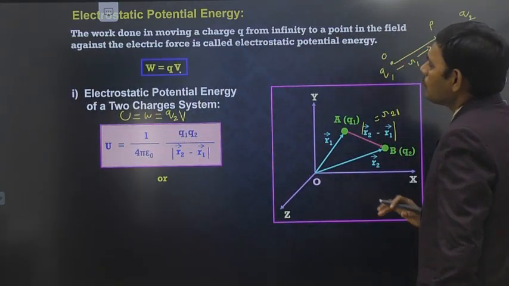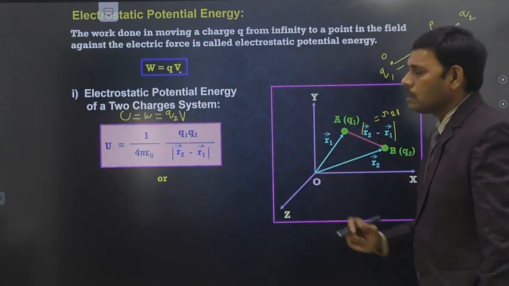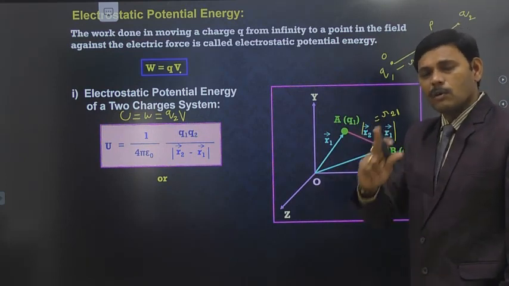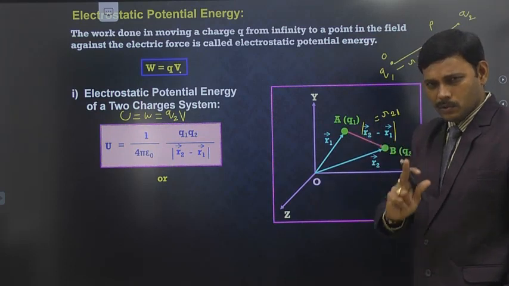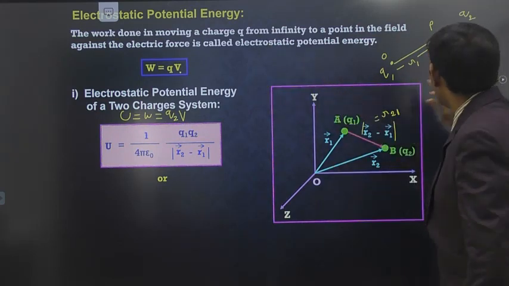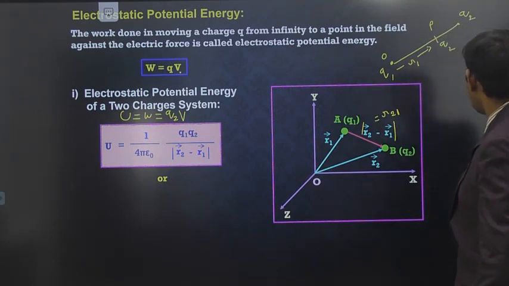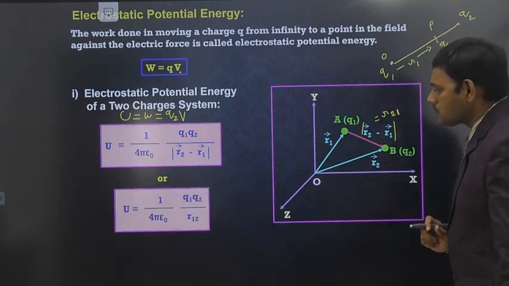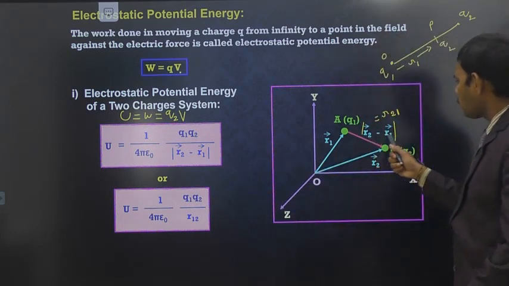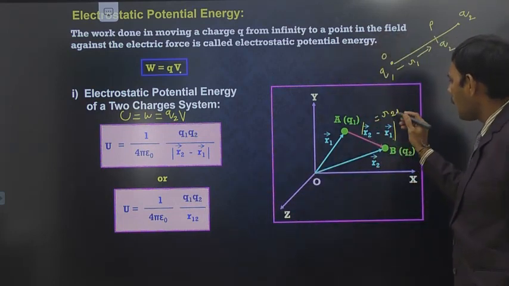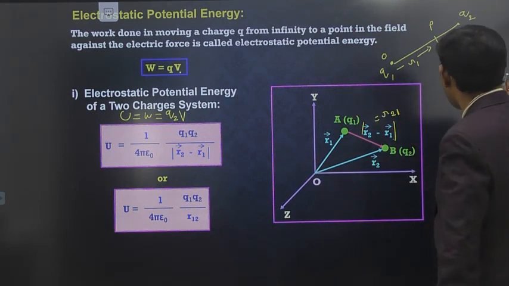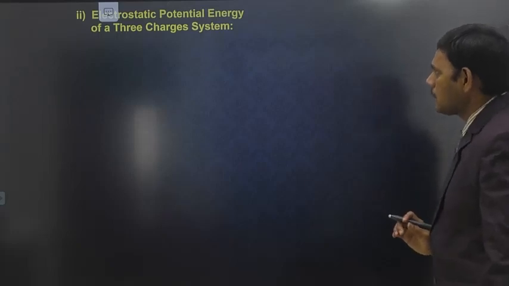Remember that's the only difference: for potential it is 1 by 4 pi epsilon naught Q1 by R, for potential energy it is 1 by 4 pi epsilon naught Q1 Q2 by R. So Q2 into V is equal to work done in bringing the second charge, that is equal to potential energy. Simply, as we consider the magnitude of R2 bar minus R1 bar equal to R12 or R21, then 1 by 4 pi epsilon naught Q1 Q2 by R12 is the expression for potential energy of a pair of charges.